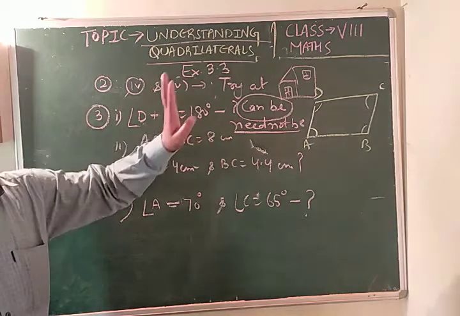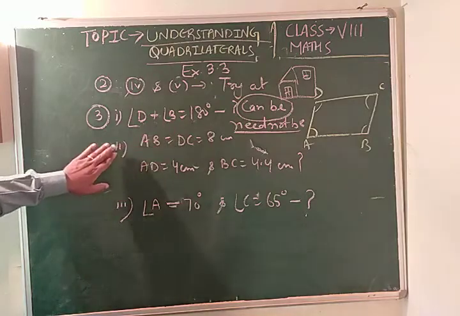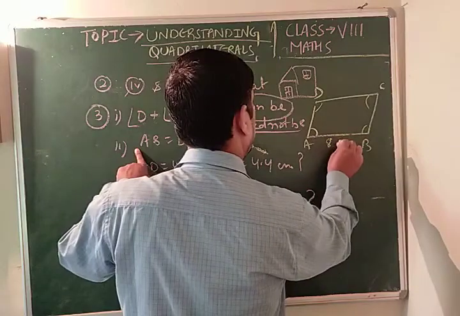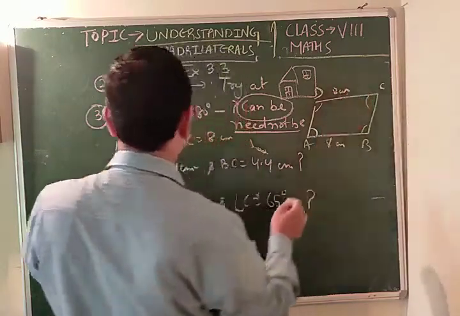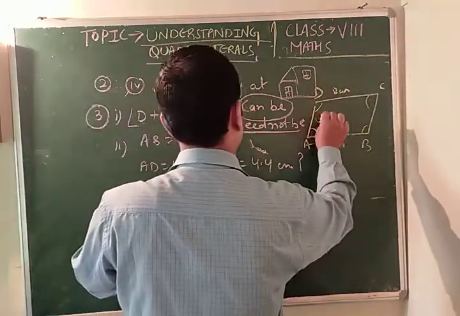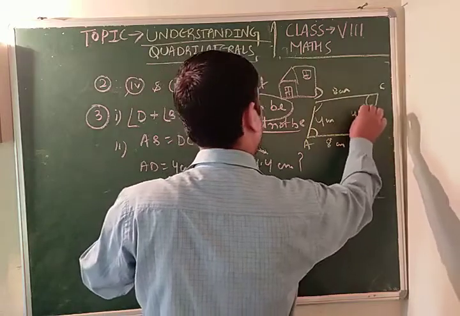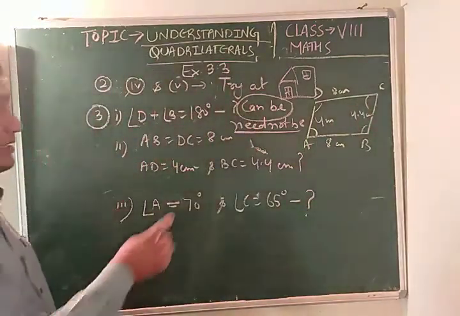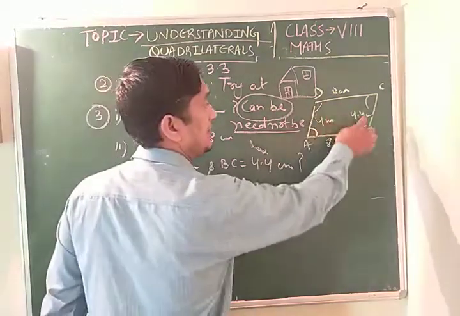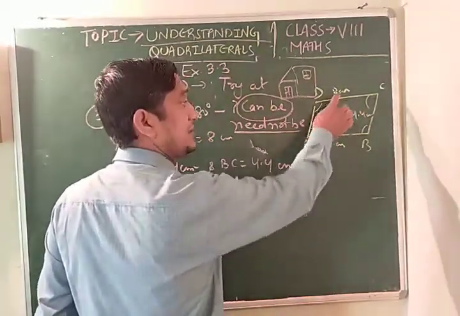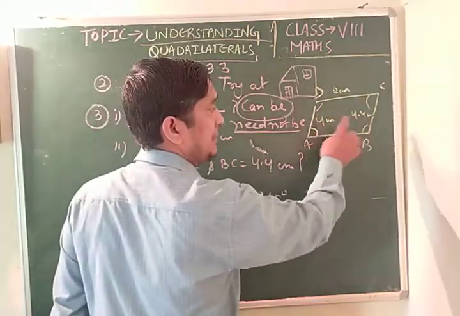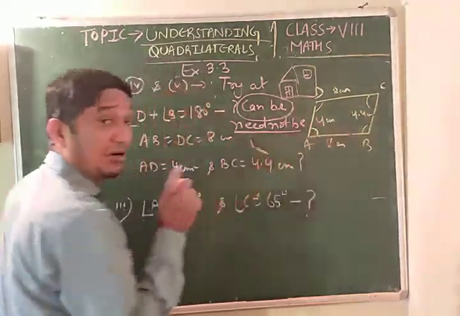Then the next is AB equal to DC. This is 8 centimeter, this is 8 centimeter, and this is AD 4 centimeter, and this is BC 4.4 centimeter. This is not possible because in a parallelogram opposite sides must be equal. Here this is equal to this, it's correct, but AD 4 centimeter and BC 4.4 are not equal.